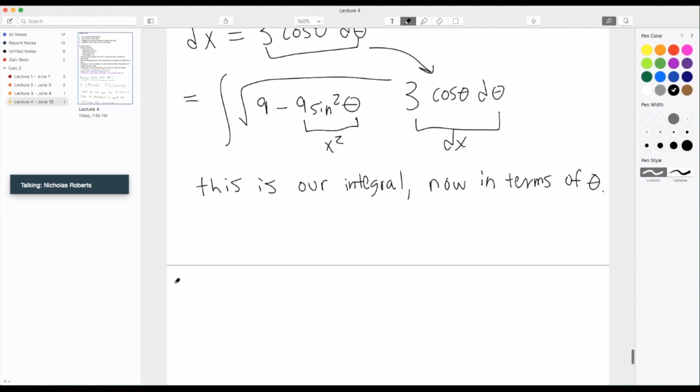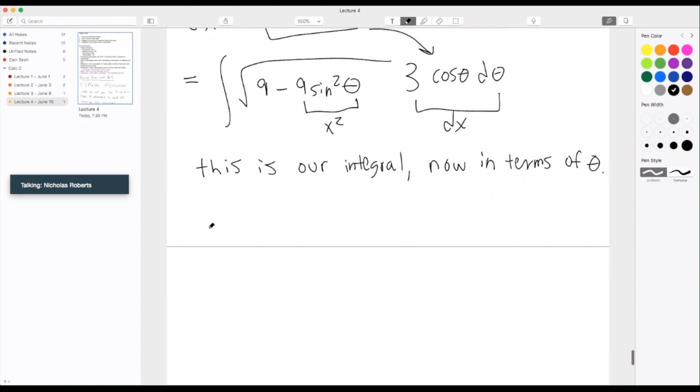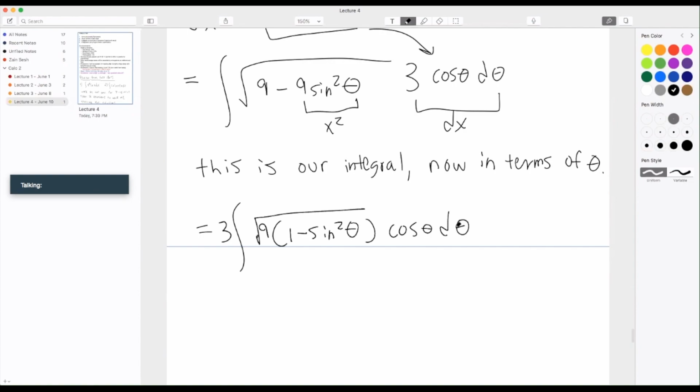So what's going to happen now is that we can factor a 9 out from that square root: 9 times 1 minus sine squared theta, and I'm going to bring the 3 out front, cosine theta d theta. I just factored a 9 out from the expression that's in the square root.